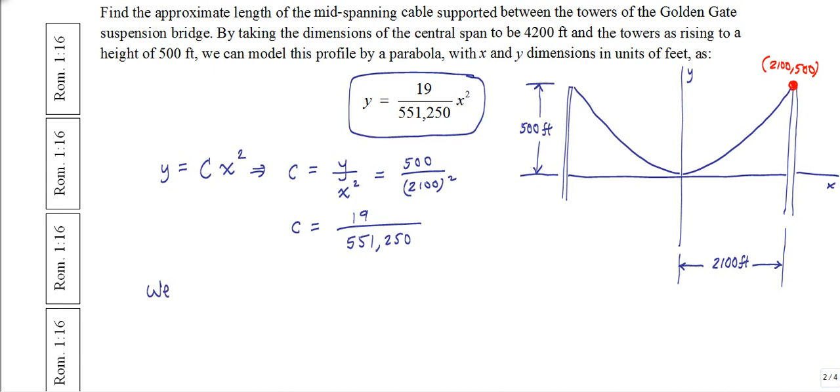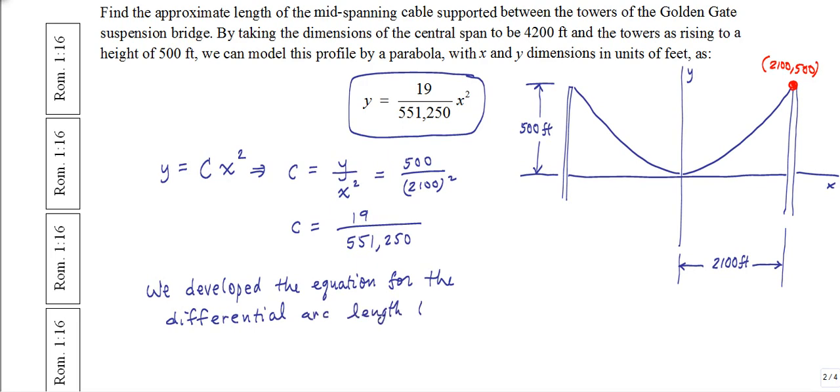So we developed the equation for the differential arc length to be ds is equal to root 1 plus y prime being squared times outside of the radical dx. Alright, so let's go ahead and therefore use this result.